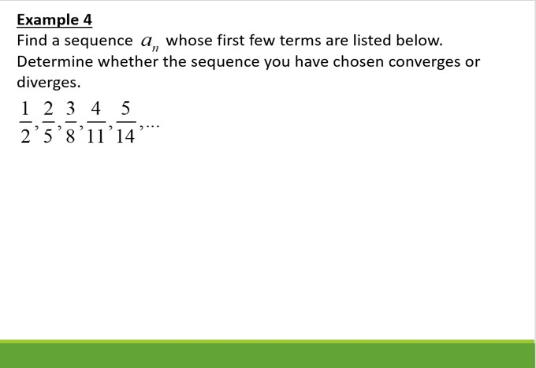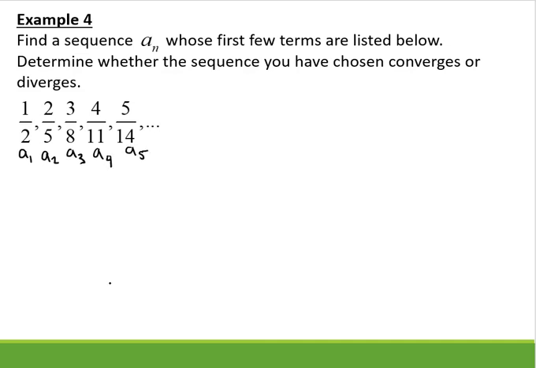Okay, the next example. I'm trying to write an expression for this sequence, and everybody's can be a little bit different. But what you want to look at is this is the first term, second term, third term, fourth term, fifth term.